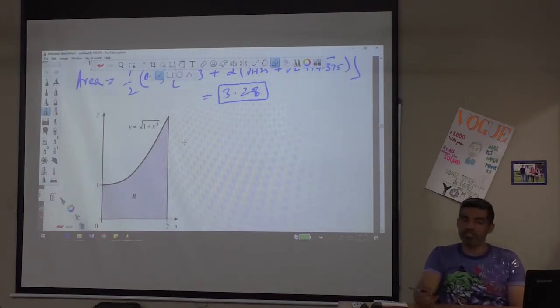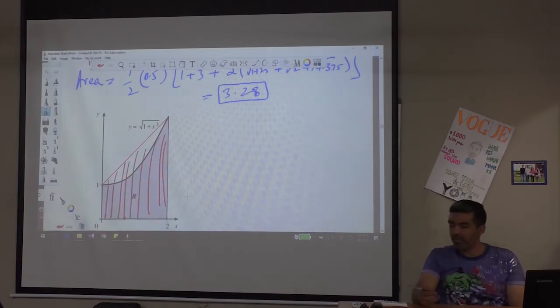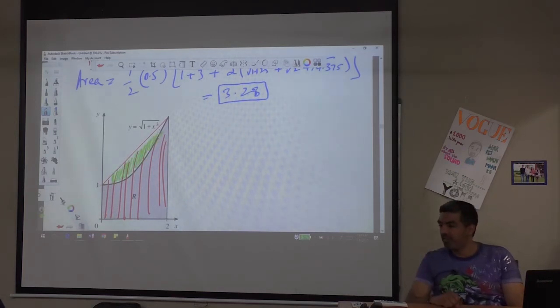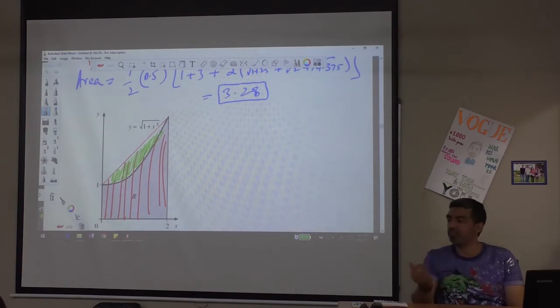Make one big trapezium from one end to the other. If I were to use one big trapezium, this is the area I would have found. Is my answer more or less than what is required? It's more because I am taking in this unbounded area also in my trapezium, which means my answer is an overestimation.